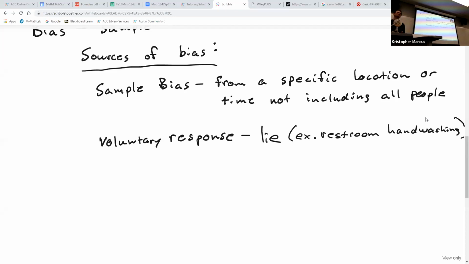Either that or you've done the impossible reach, right? Either way, you probably counted too many toilet uses versus the number of times you washed your hands. So even the Mythbusters, I love the idea that they used, but there's still probably going to be bias in their results.